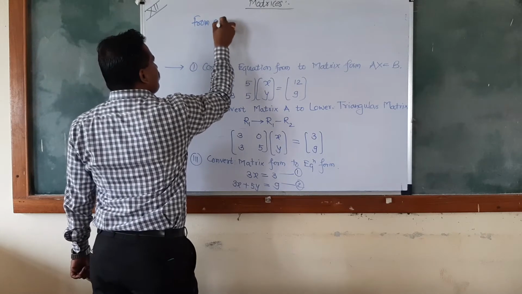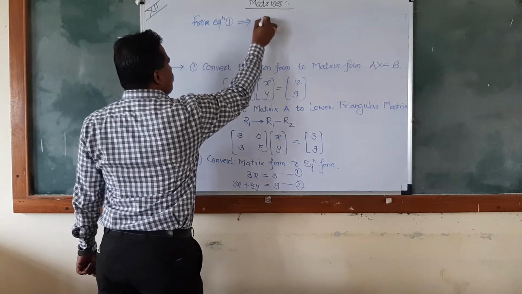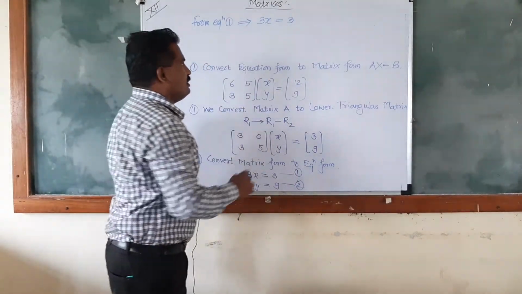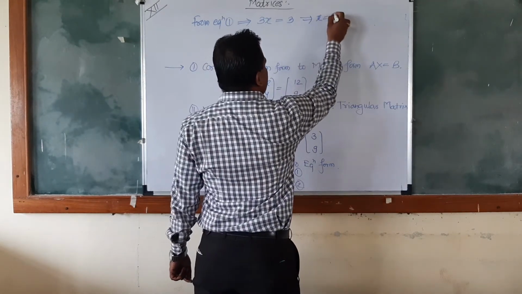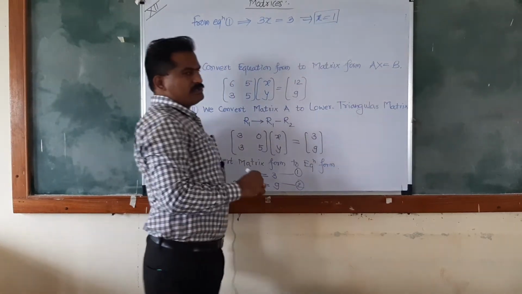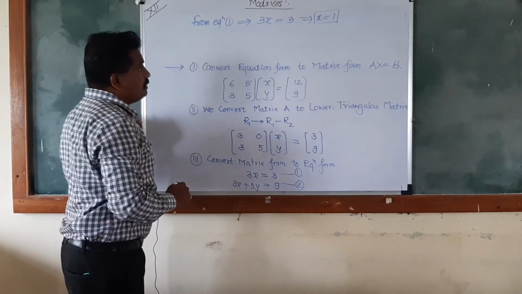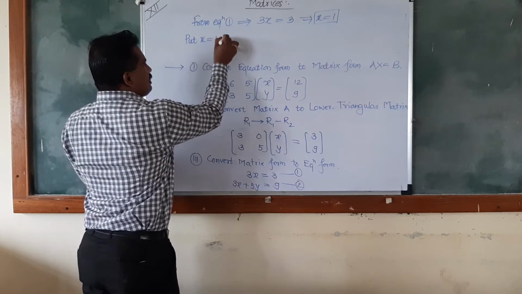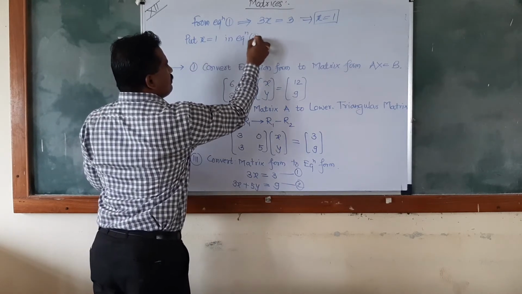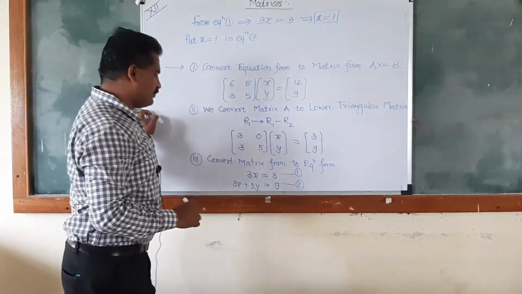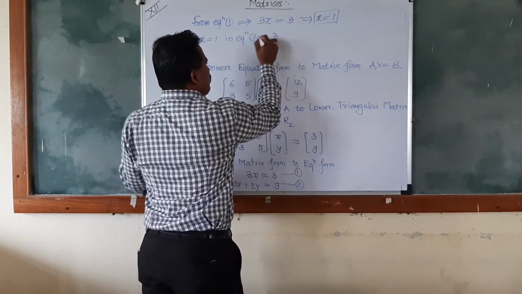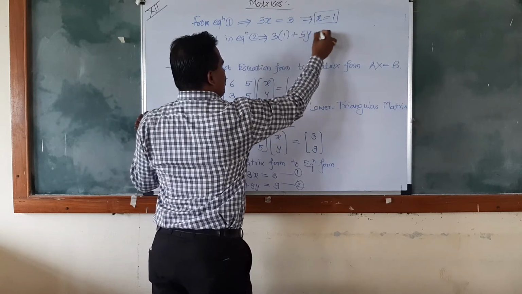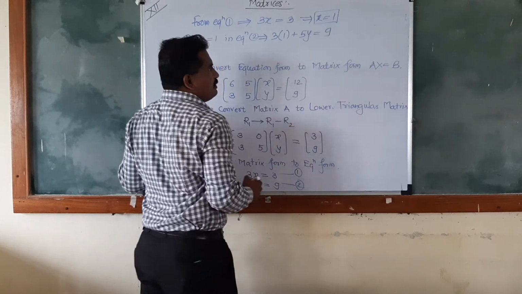From equation 1, 3x is equal to 3. By dividing by 3 on both sides, we get x is equal to 1. And put x is equal to 1 in equation 2. Therefore, we get 3 into 1 plus 5y is equal to 9.